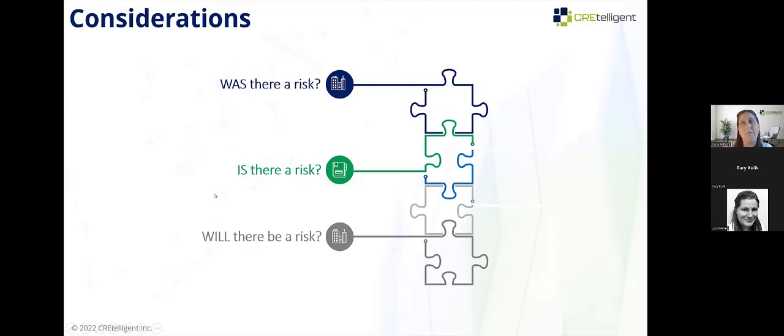So will there be a high risk property use in the future? Do you know that your borrower is buying a property and changing the use? There may not be an issue on the property as it stands today, but in the future there may be. Or it may be in the reverse, where you have an industrial property and they are changing the property use to residential.